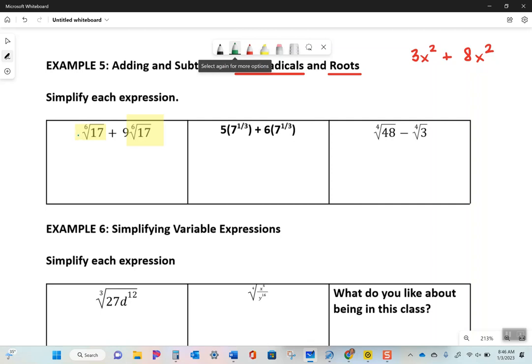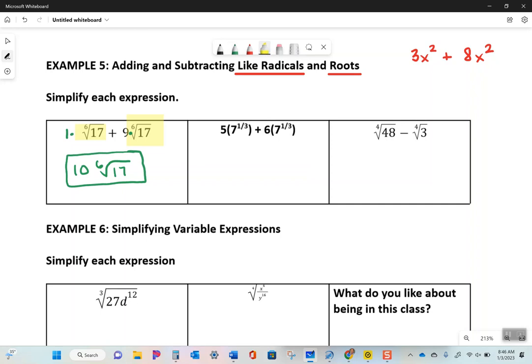How many 6th root of 17s do I really have on the left over here? What value is really out in front of that 6th root of 17? Or what number times that? 1. How many of them do I have over here? 9. Okay, so how many 6th roots of 17 do I really have here if I'm adding 1 and 9 of them together? Okay, so this is just simply 10 times the 6th root of 17. Y'all good with that?